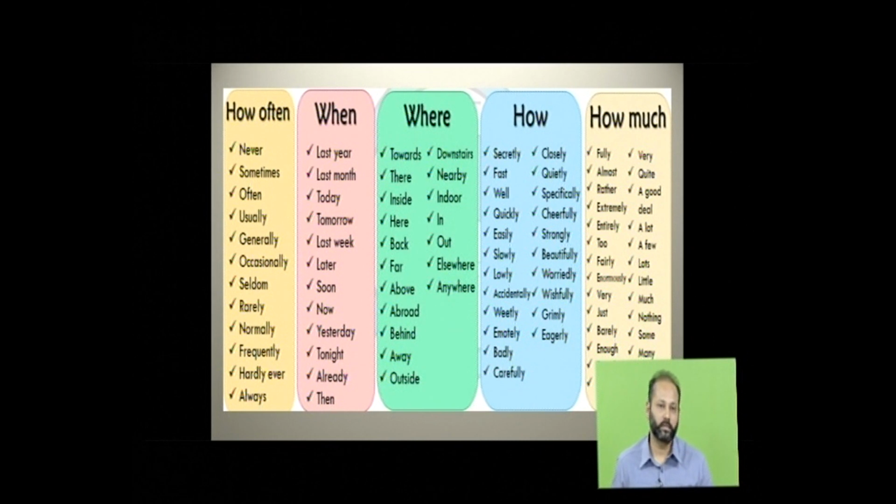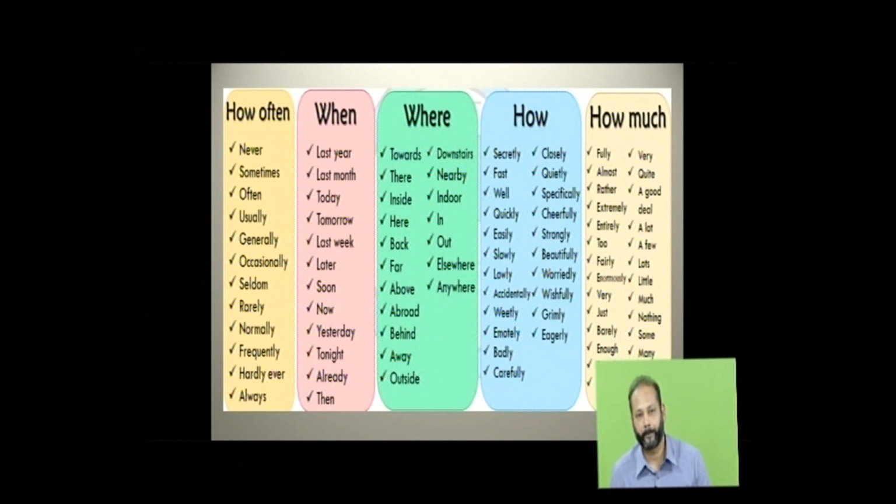These are some of the examples given. How often something happens or occurs, like never, sometimes, often, usually, generally, occasionally, seldom, rarely, normally, frequently, hardly, ever, always. How often something happens, that is adverb.